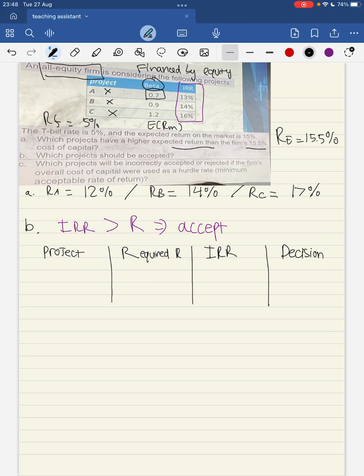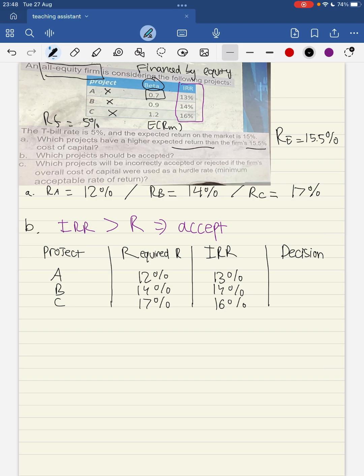So here we have three projects: Project A, Project B, and Project C. The required returns we just found out are 12%, 14%, and 17% in this order. And the IRR of Project A is 13% as stated, Project B is 14%, and Project C is 16%.